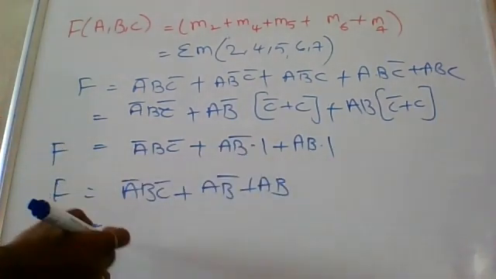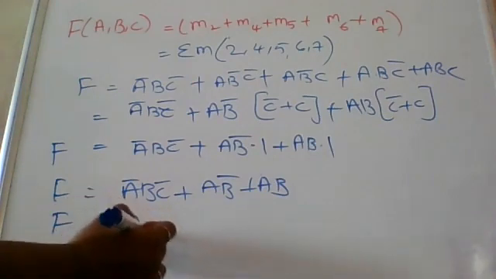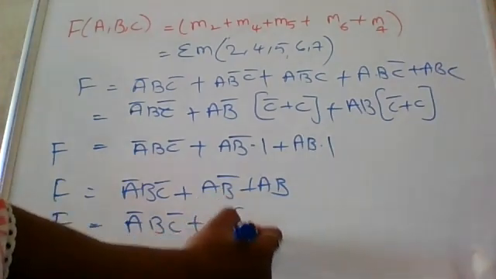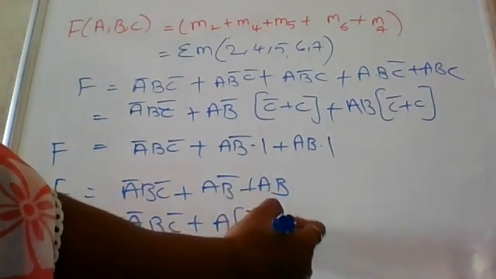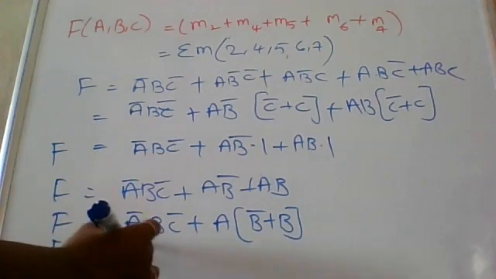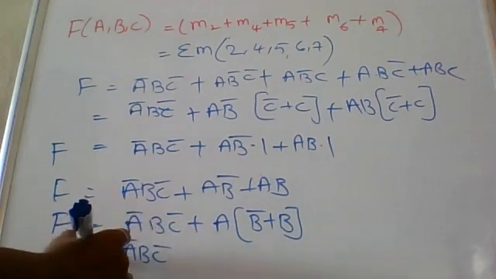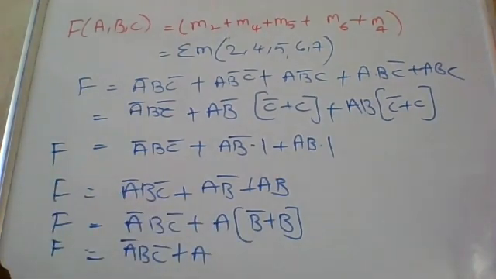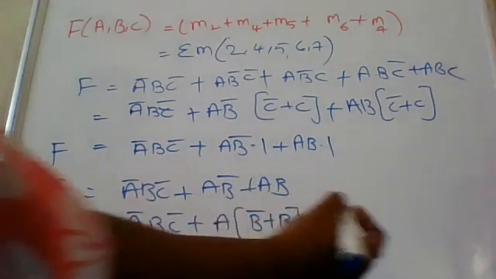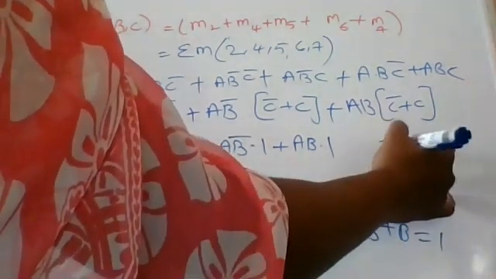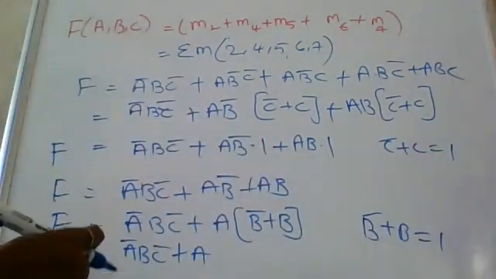F equal to A bar B C bar plus A common, B bar plus B. F equal to A bar B C bar plus A, because B bar plus B equal to 1. Here C bar plus C equal to 1.